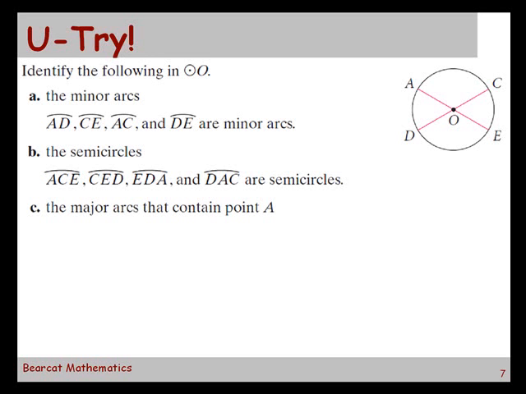Can you see at least one? DAE works. That's a major arc that contains point A. CAE is another major arc that contains point A. DAE, I think, is the first one we said.